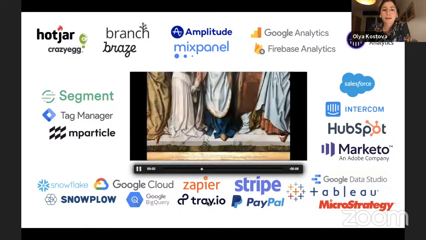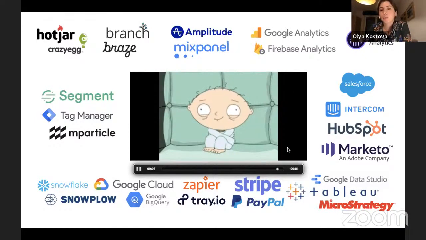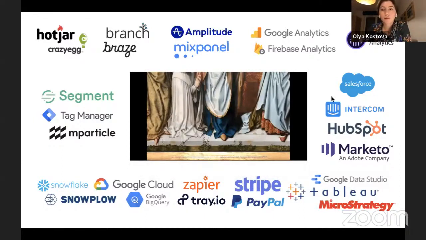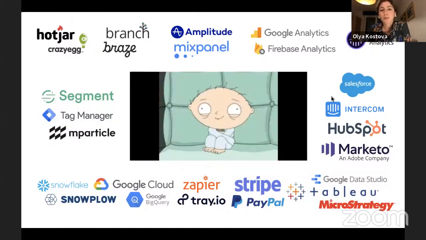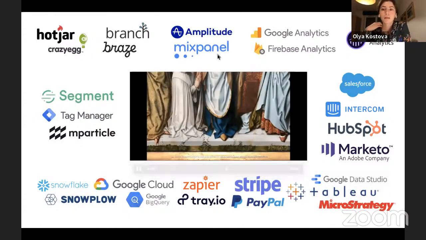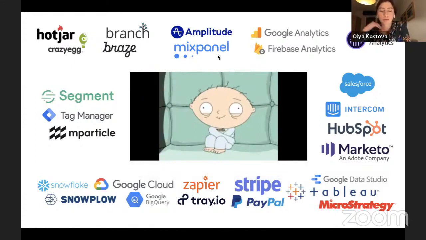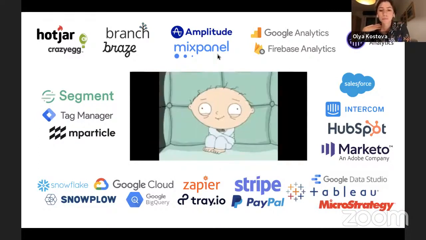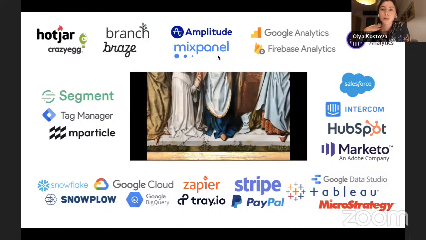With Zapier or Tray, because it does the same thing as Zapier, when your sales manager creates a record in Salesforce regarding a certain user, you can send that record into your Mixpanel and update information about that user in Mixpanel, and vice versa. Zapier and Tray.io allow you to connect several tools and update information regarding users in between those tools, which is really cool.